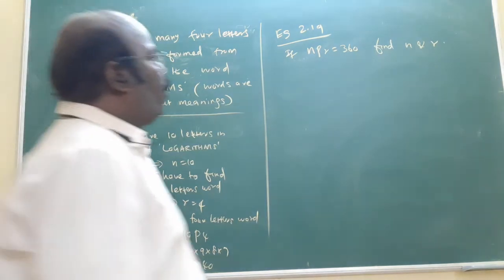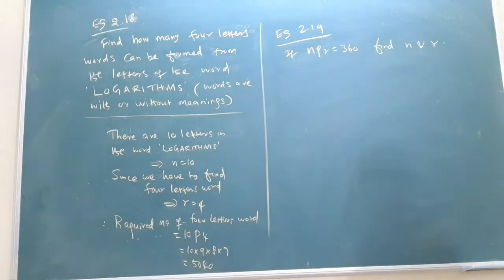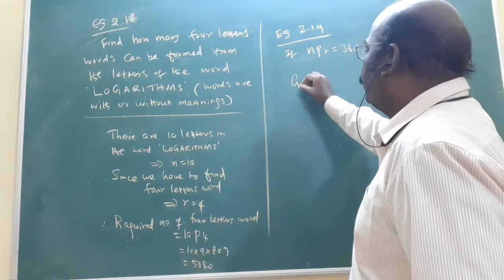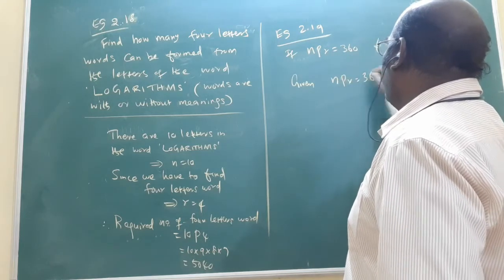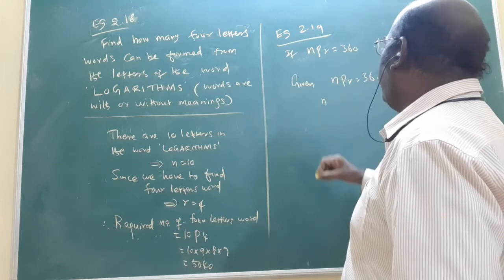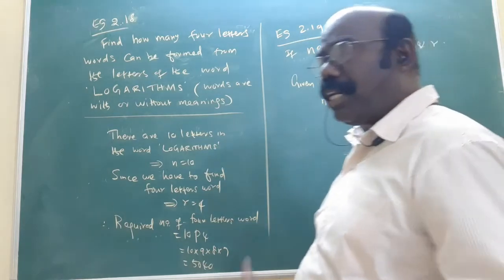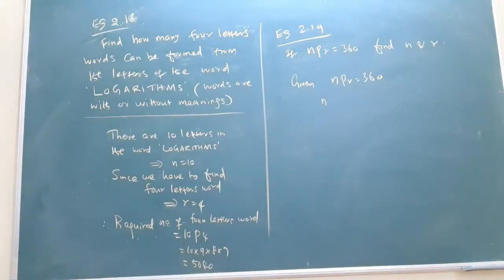Now example 2.19: nPr equals 360. Now what is given? nPr equals 360. Now nPr, what I told you? n into n minus 1, n minus 2, etc. going on.